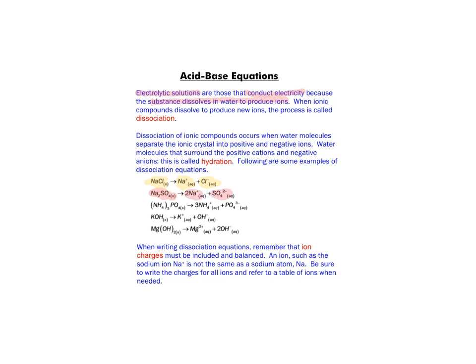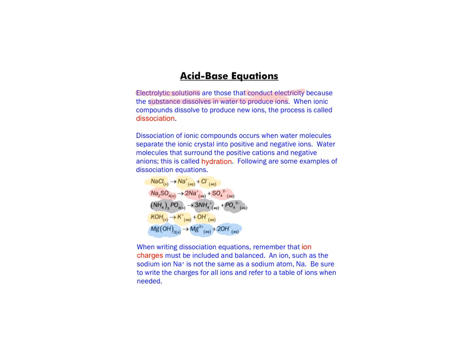We have ammonium phosphate dissolving into ammonium and phosphate. We have potassium hydroxide dissolving into a potassium and a hydroxide ion. And we have magnesium hydroxide dissociating into magnesium and a hydroxide ion.